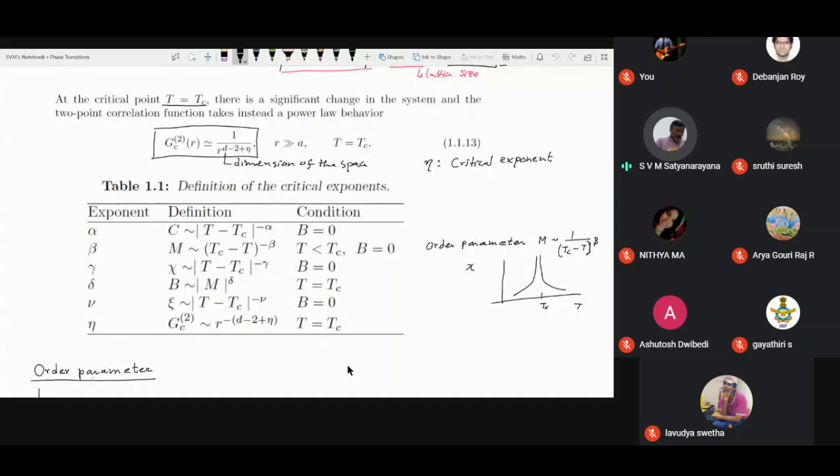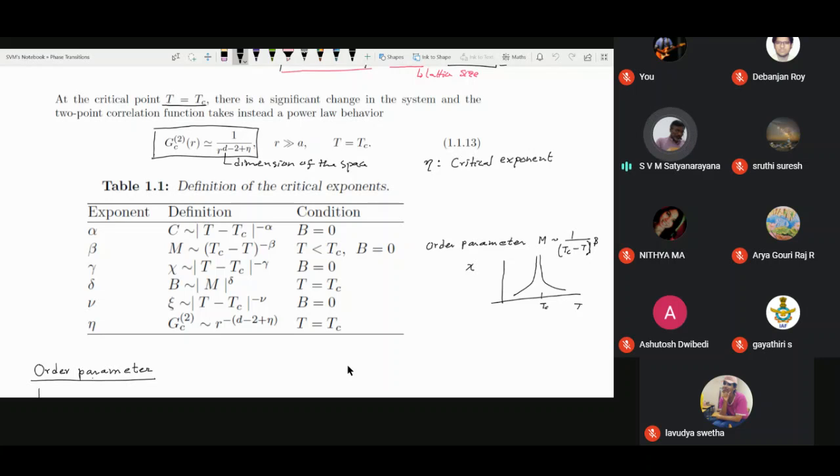Even though the microscopic constituents are different in each case. For example, in the liquid to gas transition, the microscopic constituents are atoms or molecules, and the interactions between them are typically van der Waals like interactions.